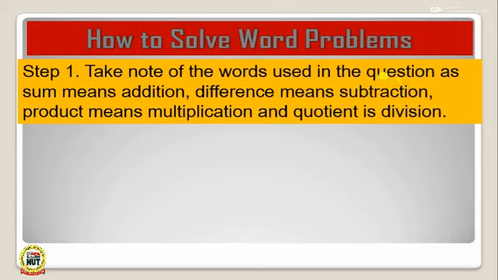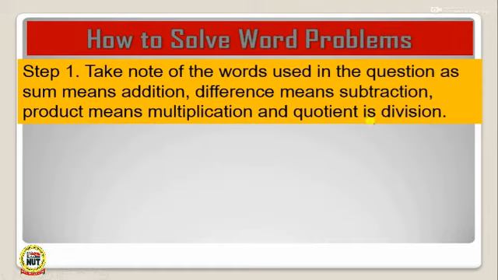Now, we've always been saying that sum means addition. And difference in mathematics means what? Subtraction. Difference means subtraction. Product means multiplication, or times, and quotient is division. All this you've been taught even before now.